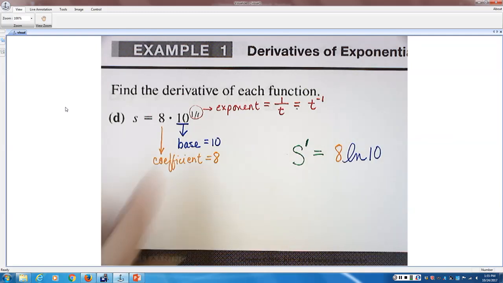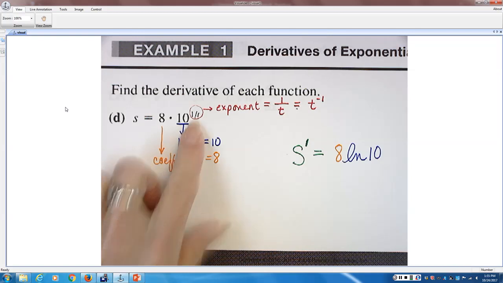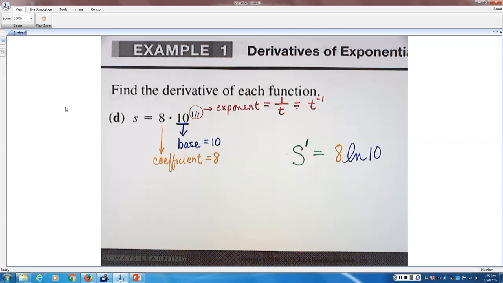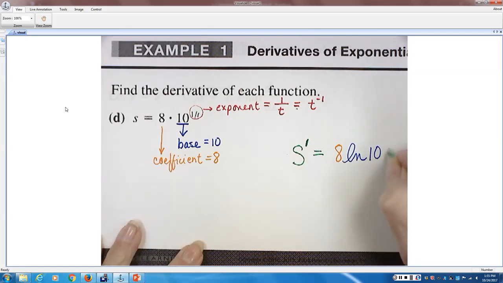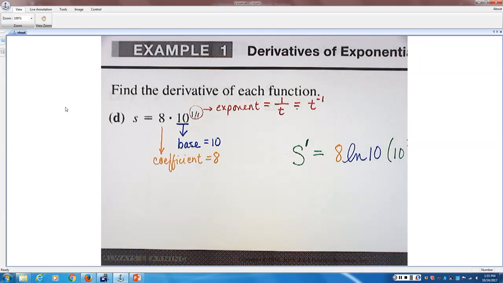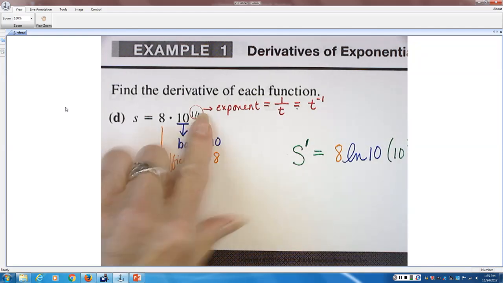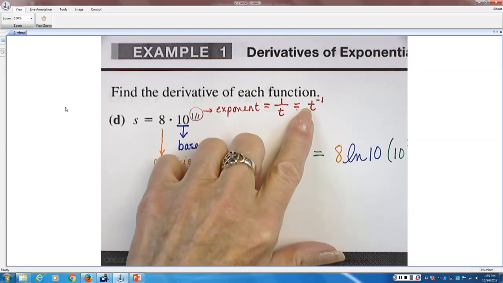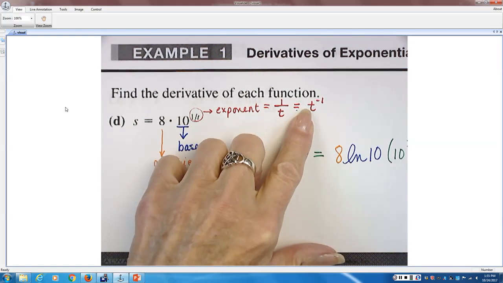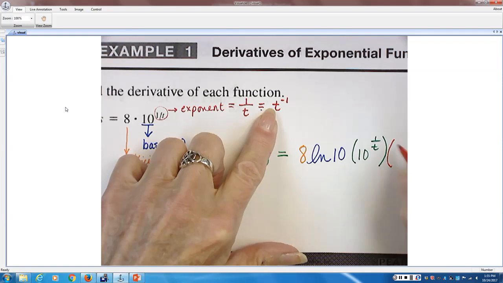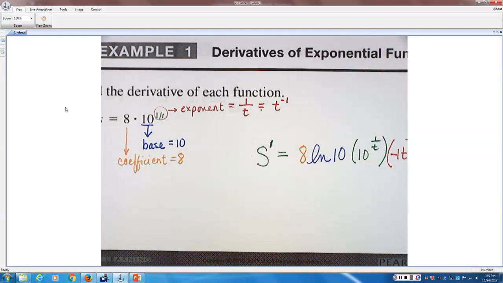And then the derivative of 10 to the 1 over t power is 10 to the 1 over t power. And then the derivative of 1 over t is the same as the derivative of t to the negative 1 power. Okay. So that's going to be negative 1t to the negative 2 power. So there's how everything fits in.